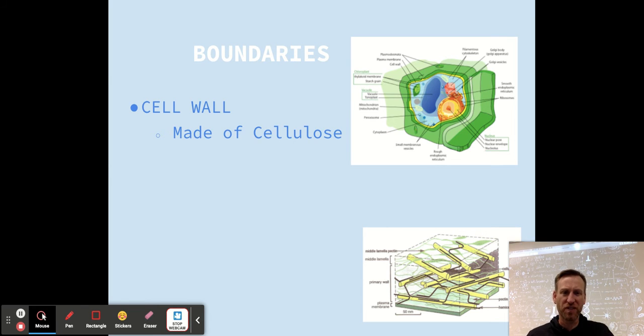So think of that crunch of celery. It's kind of rigid. That's the cellulose, and that's what the cell wall is made out of as well. So it's a much more rigid, hard boundary than what the cell membrane is.